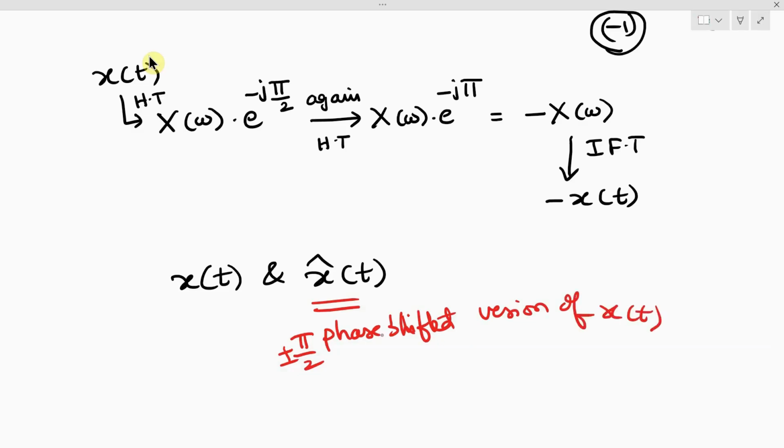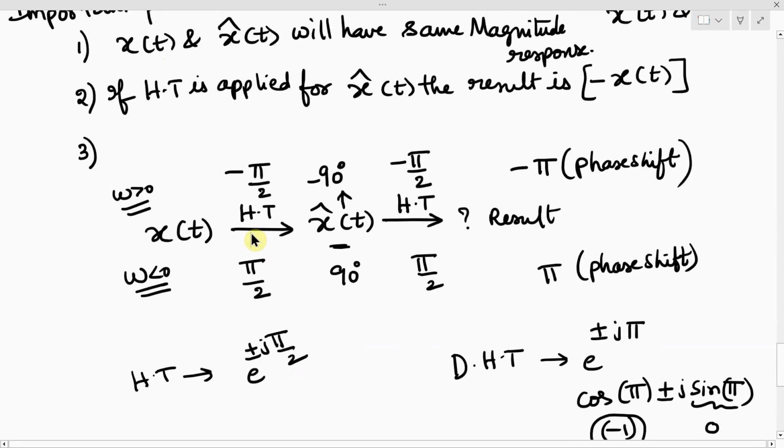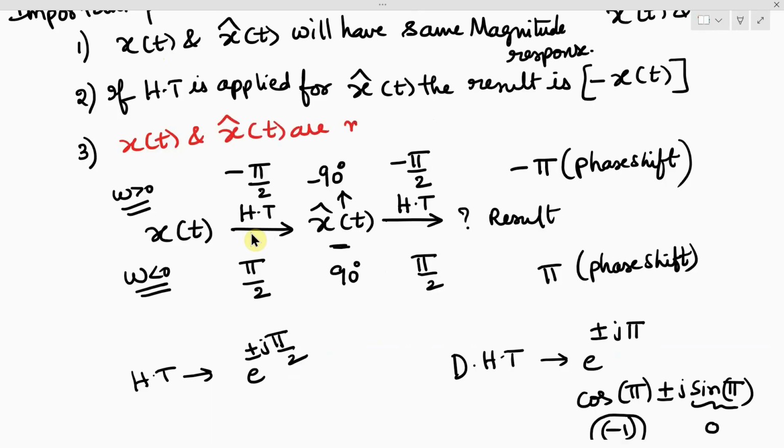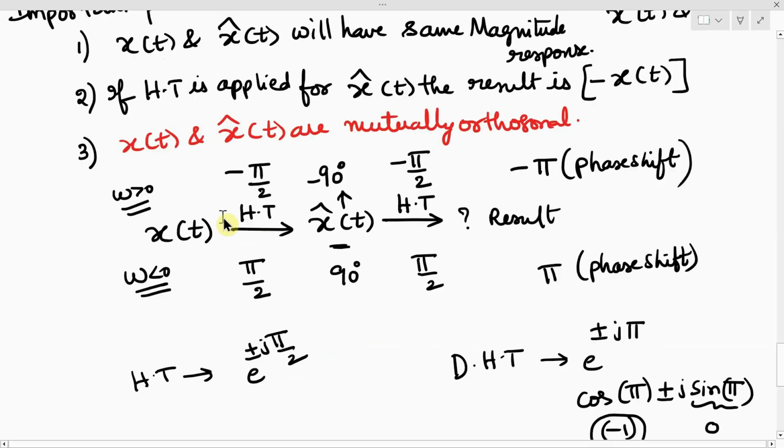Okay, so these two signals are mutually orthogonal. So you can write that here as a third point. x of t and its Hilbert transform x cap of t are mutually orthogonal. Clear this point? These 3 points?